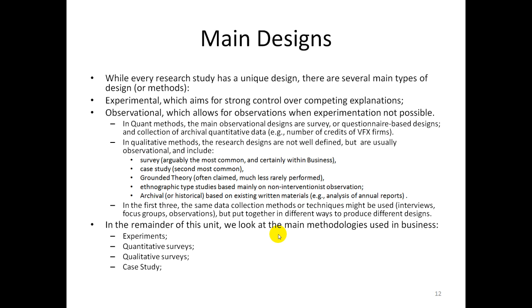Now, these methods overlap. They aren't discrete. In the first three methods, survey, case study, and grounded theory, they all rely heavily on interviews or focus groups, but they are put together in different ways to produce different designs.